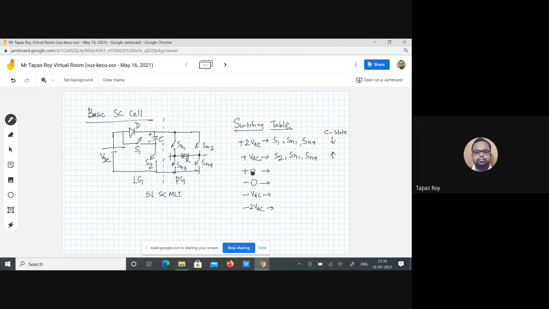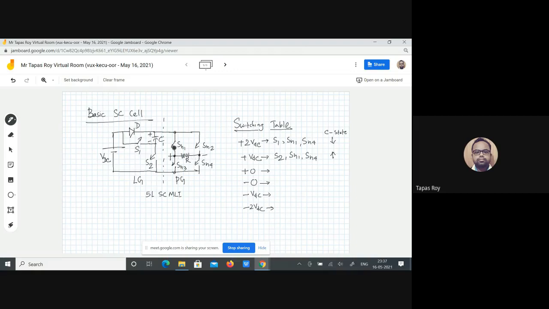Now plus 0 means positive half cycle 0 level. We can realize it, but at that condition the capacitor can enter the charging state. But what happens if the capacitor enters the charging state? There will be some losses in the ESR, or equivalent series resistance, of the capacitor. To avoid those losses, we realize 0 voltage here.